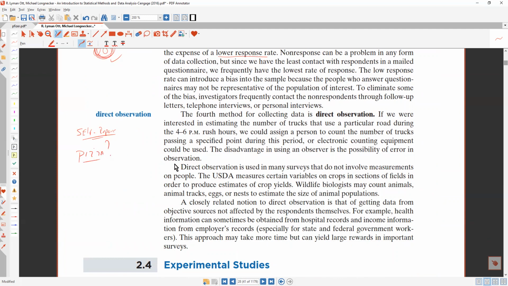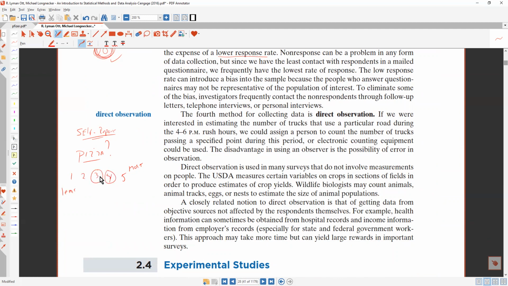Do you like pizza a lot? Do you like pizza a little bit? And you ask them to rate it on a scale. So let's say we go from 1, 2, 3, 4, 5, where 5 is most and 1 is least. Let's say that some people respond 3, some people respond 4, etc.